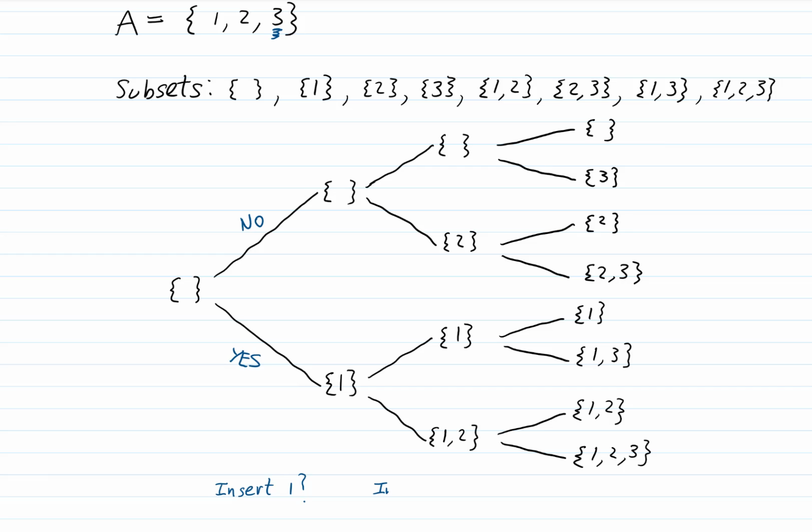Should I insert the number 2? And there were 2 possibilities, yes and no, for each of these. So in other words, for each of those possibilities, there were 2 of those. For each of those 2 possibilities, there are now 2 more possibilities. And so you have 2 times 2.